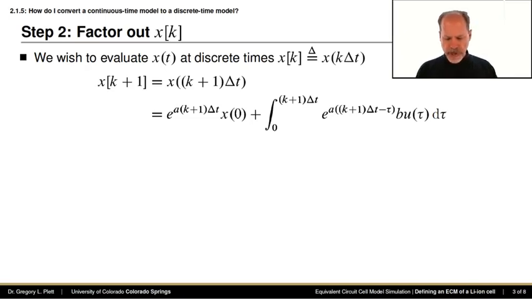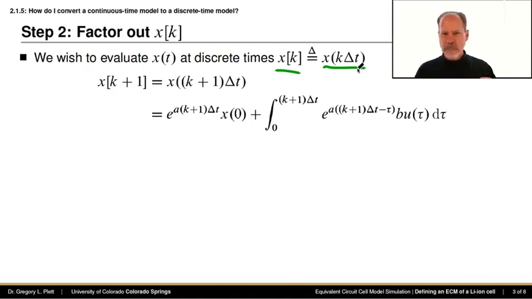So I introduce a connection between a continuous time notation and a discrete time notation on this slide here, where in discrete time I use brackets. So x of square brackets of k. And what that relates to in the continuous time domain is x of parentheses or round brackets k times delta t.